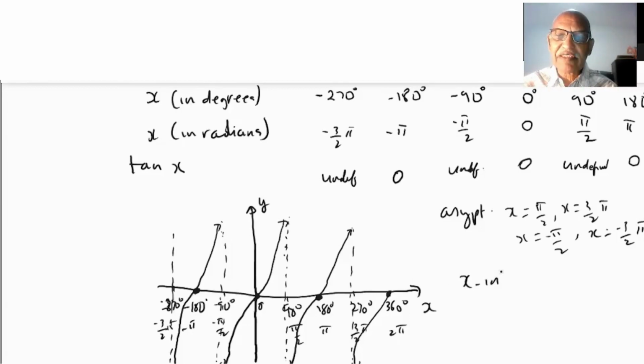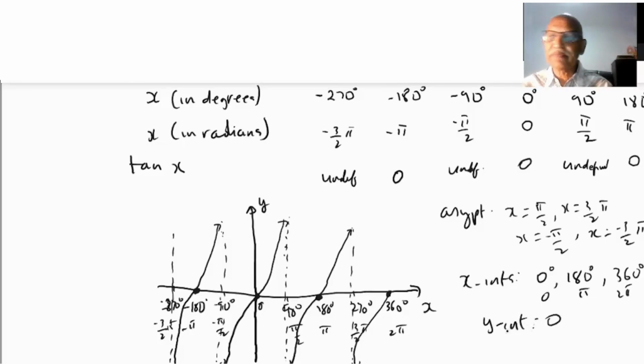X-intercepts. Do we have x-intercepts? X-intercepts are at 0 degrees or 0 radians, 180 degrees or pi, 360 degrees, and so on. On the other side, minus. So this is 0, this is pi, this is 2 pi. Y-intercept, we have only 0.